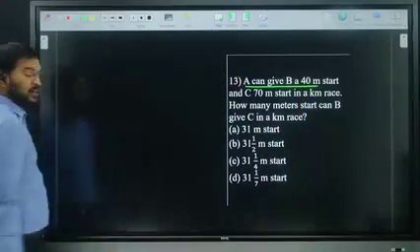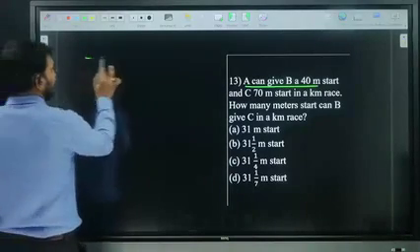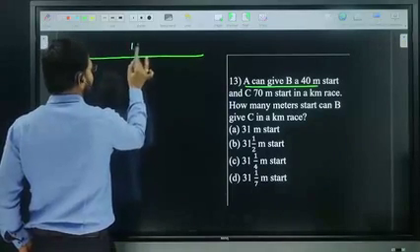This is problems on races and games. In a kilometer race, a kilometer is 1000 meters.